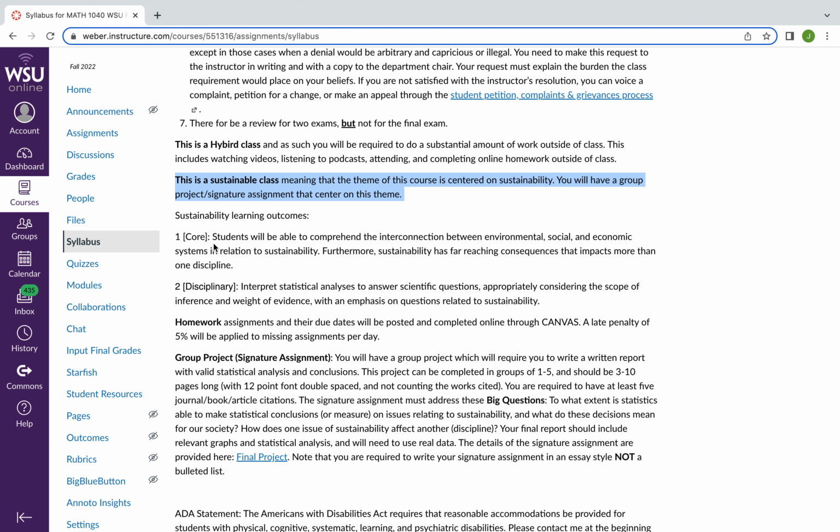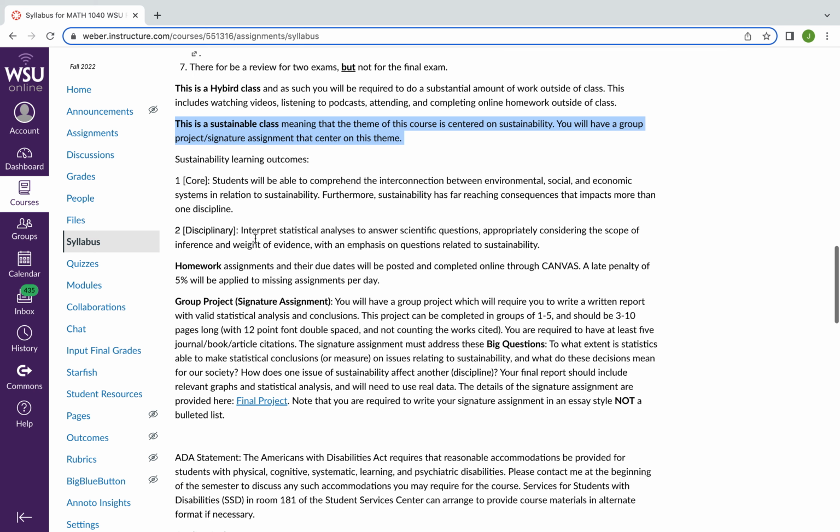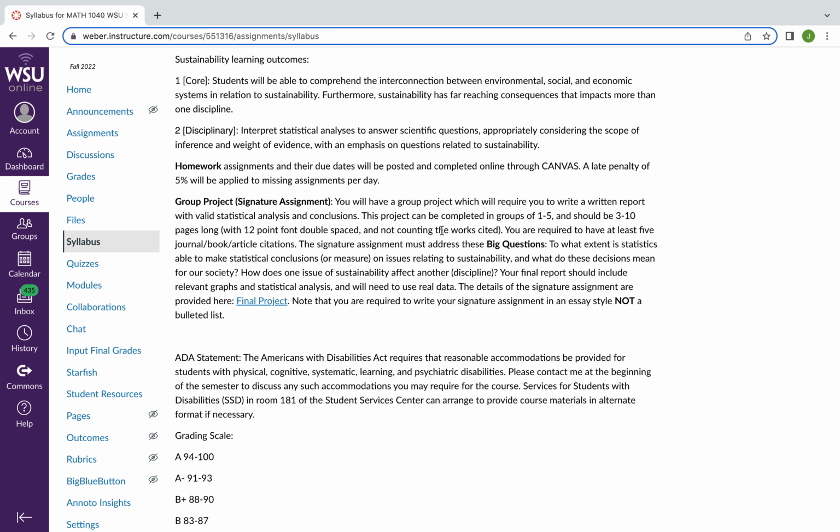Students will be able to comprehend the interconnection between environmental, social, and economic systems in relation to sustainability, and understand that there are far-reaching consequences that impact more than one discipline. Finally, I want you to be able to interpret statistical analysis, answer scientific questions appropriately, considering the scope of inference of the study, the weight of the evidence, and the emphasis on questions related to sustainability.